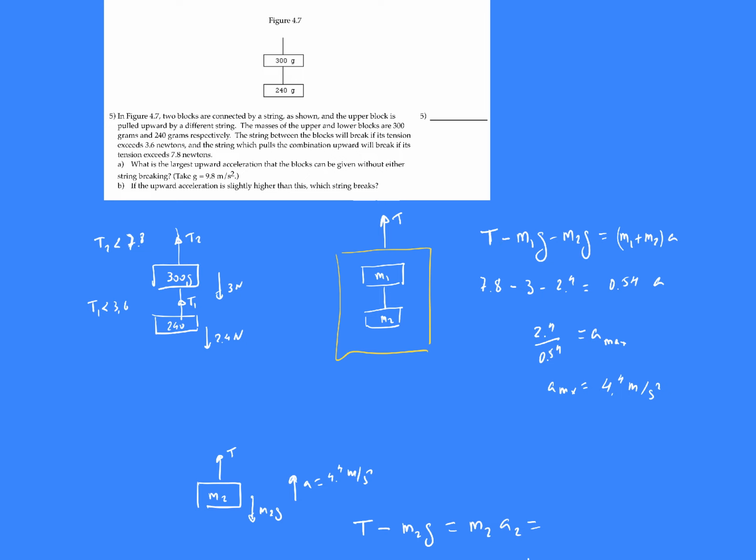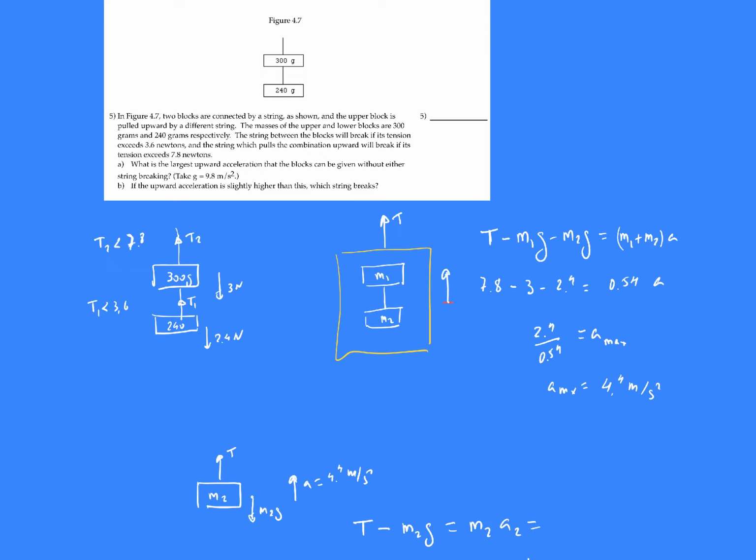So we first apply Newton's law to the system of the two particles, M1 and M2, and we imagine that there is a tension T that cannot be higher than 7.8. So the equation says: force going up, T, minus force going downwards, M1G and M2G, has to equal M1 plus M2 times A.